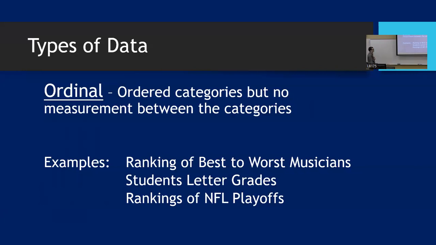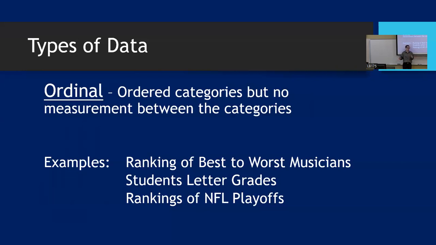Letter grades, to some extent, are also that way if I don't know the percentage behind the letter grade. Okay? If I say I earned an A in this class and my sister earned a B in this class, well, my A might have been close to 100% and her B might have been close to 83%.